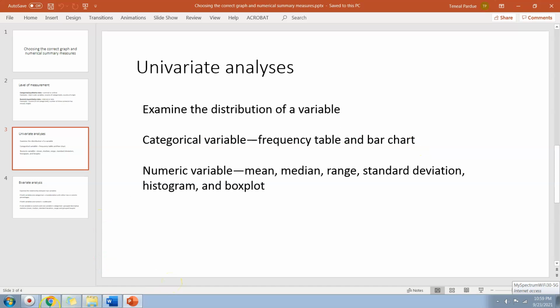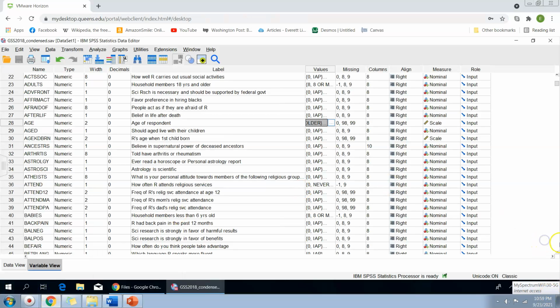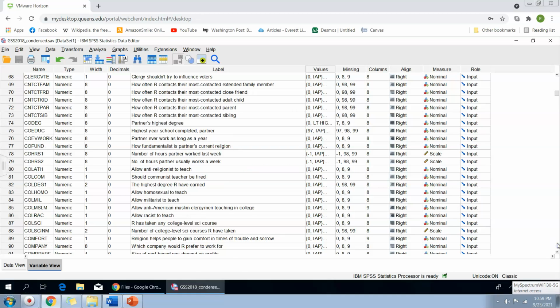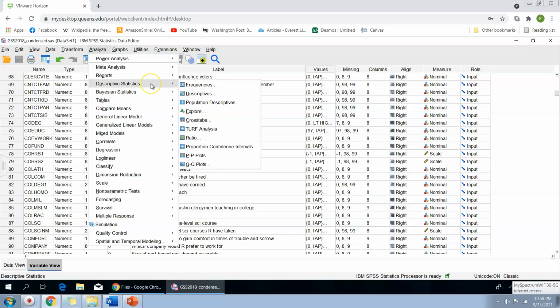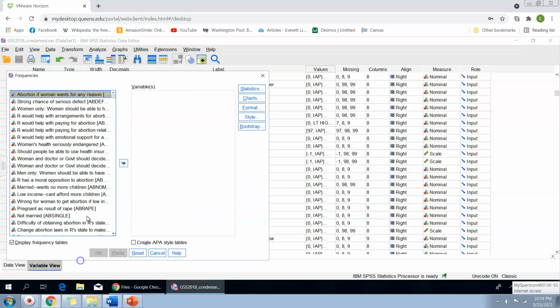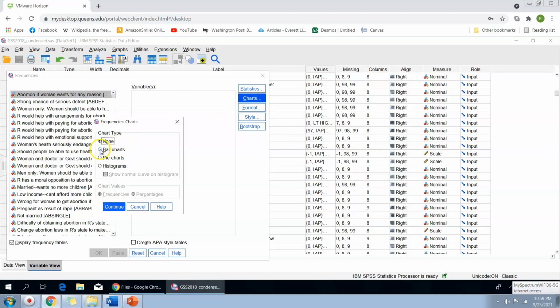For the first one we looked at, how often does the respondent call their most frequently contacted parent, that's under frequencies. So Analyze, Descriptive Statistics, Frequencies. Then we just pick that variable, move it over, and under Charts, we click bar charts.